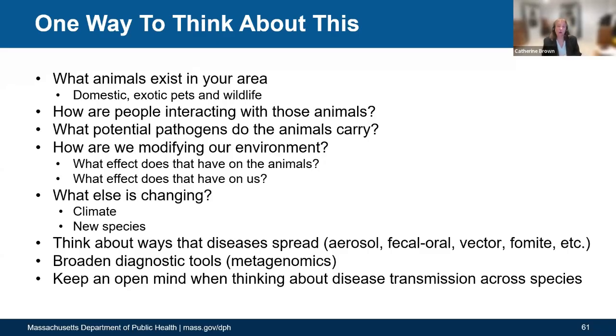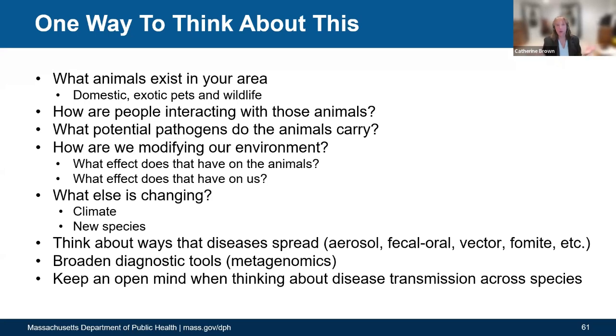And then also think about, how are we modifying our environment? How are we modifying the environment that the humans and animals interact in together? What are we changing? What are we making that's abnormal in some way? And then what effect do those changes have on the animals or on us?